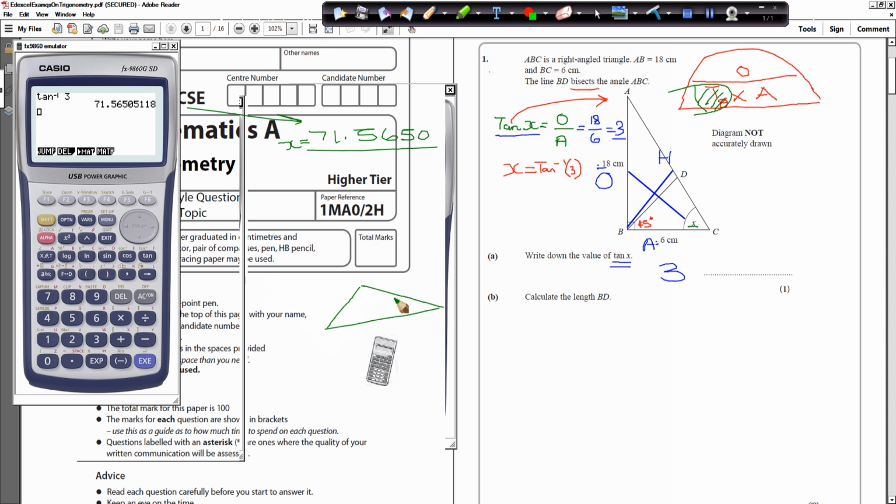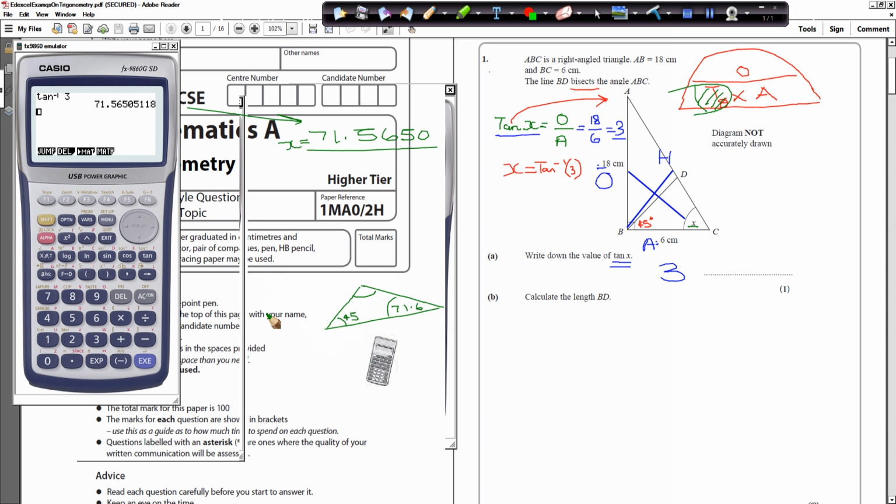Okay, so this angle here, x angle here, is 71.6 for the moment as our rough answer that we're using. We use the original value. What angle do we have here? This angle here is 45. Can somebody now work out for me this angle over here? How do you work out that angle?